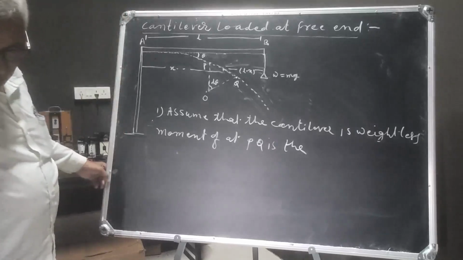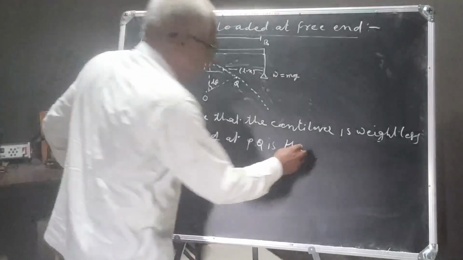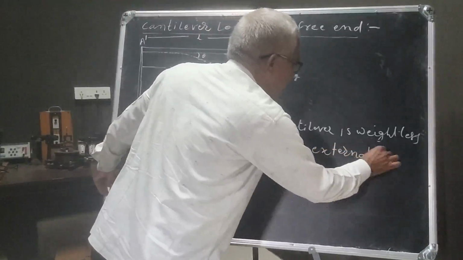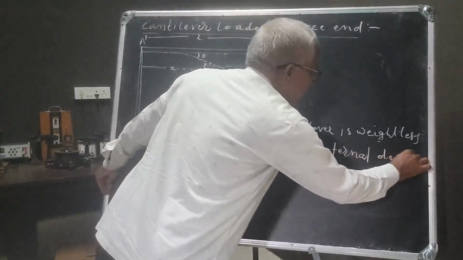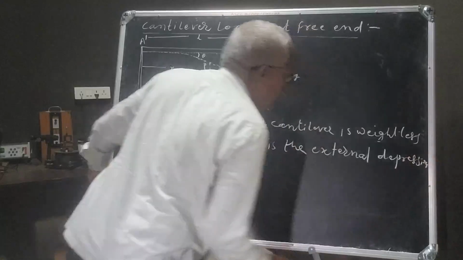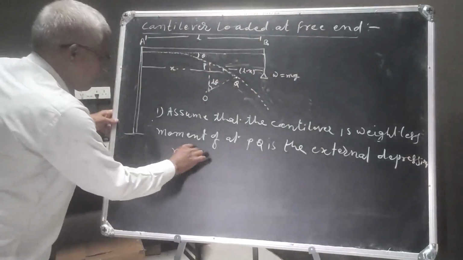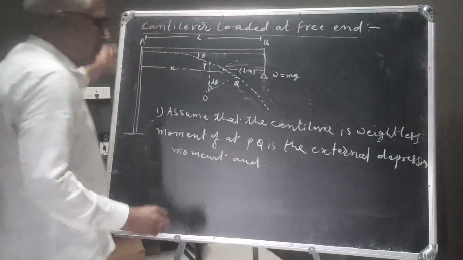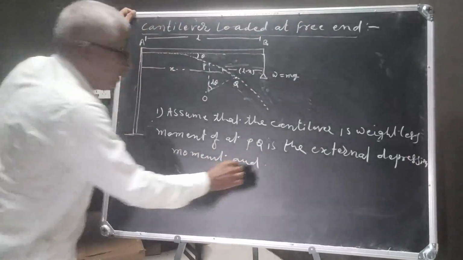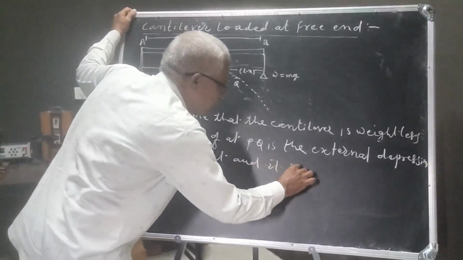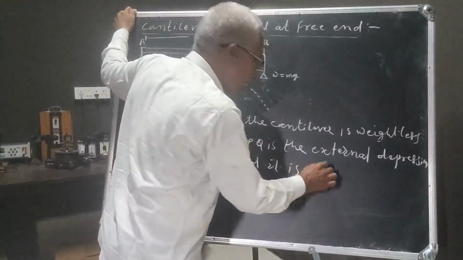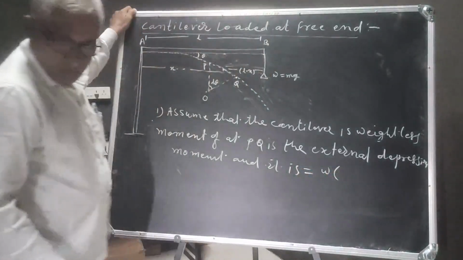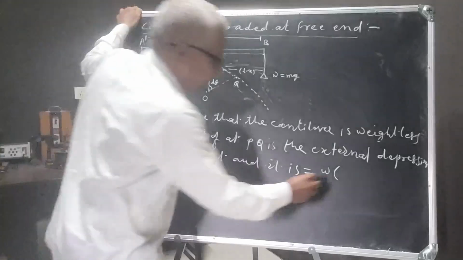The external depression moment is given by W into (L minus x).